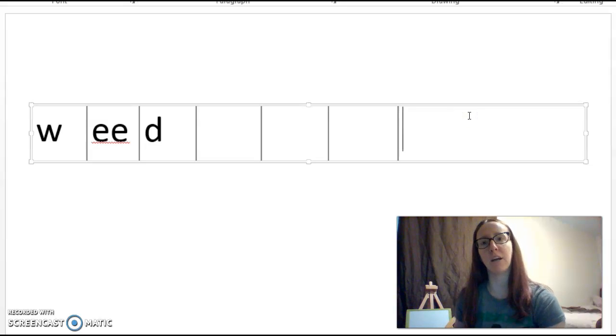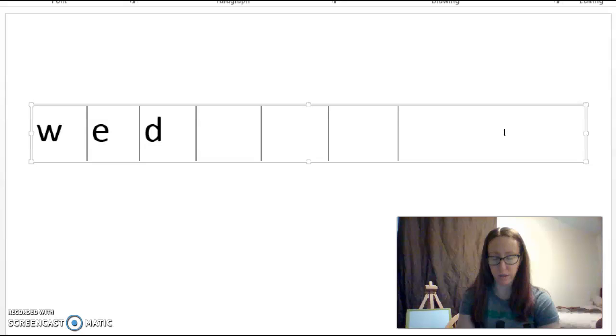And instead of n we have w, the word is, yes, weed. Gonna change another sound. Which sound did I change? It's one of the middle sounds. And instead of saying ee, now the middle sound says e, it's a short e. My word is, yes, we have wed.